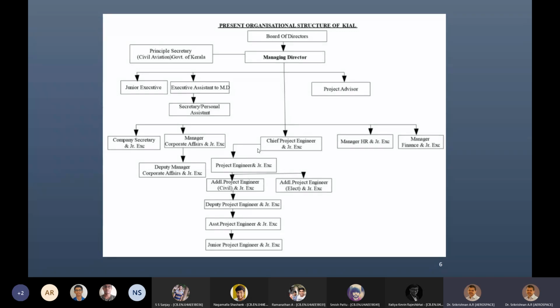That means there is going to be a managerial team, a team under the manager for finance, and a team under the HR manager.